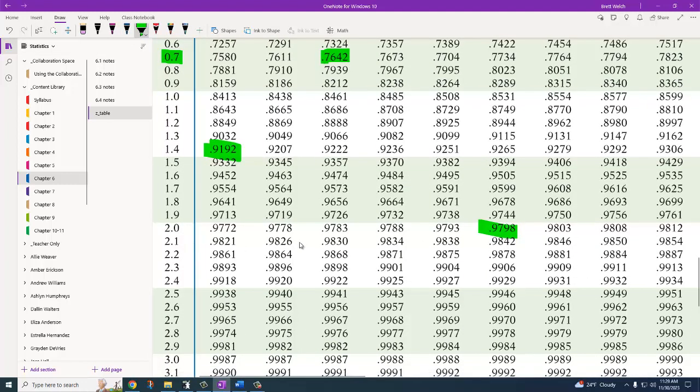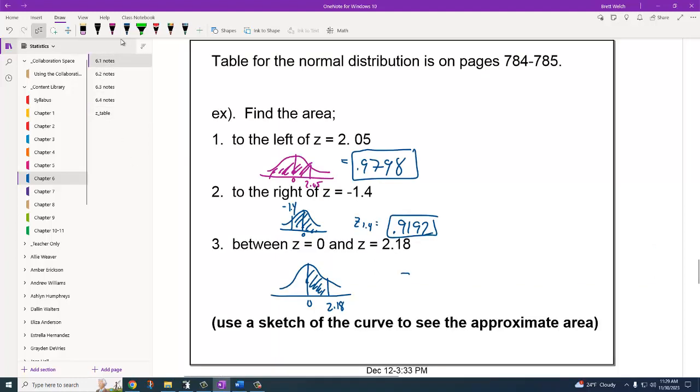So 2.18 gives 0.9854. Okay. 0.9854 minus the probability of 0. Or sorry, it's 50% because it's at the halfway mark. At 0, we're always at 50%. So this becomes 0.4854, and that's our final answer.